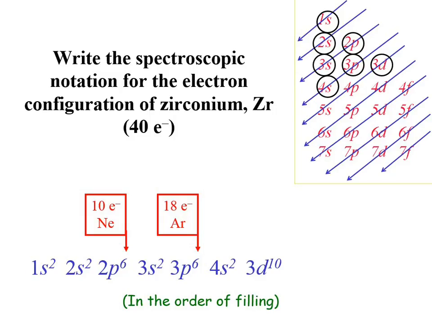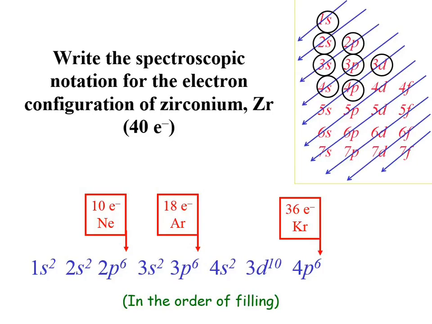The next one is 4p, which would bring me up to 36. So 4p6. Notice I have a p6, so I can look at the periodic table, and krypton has an atomic number of 36.